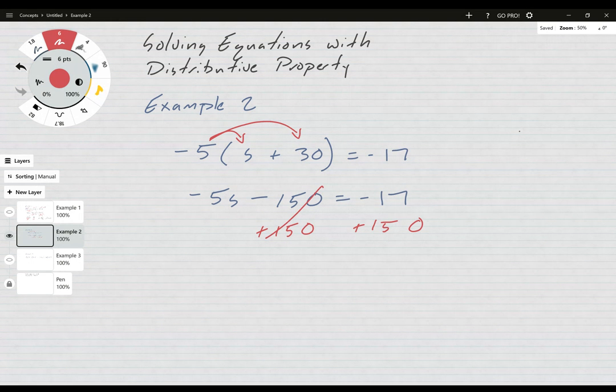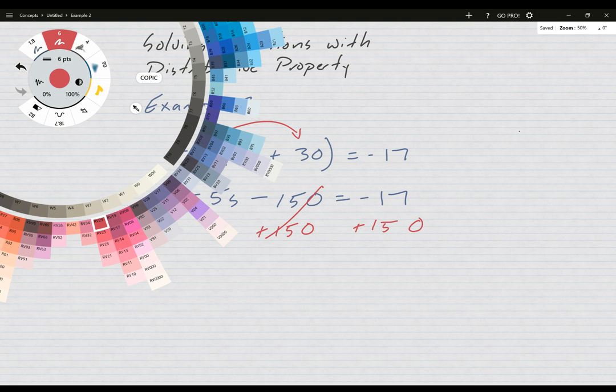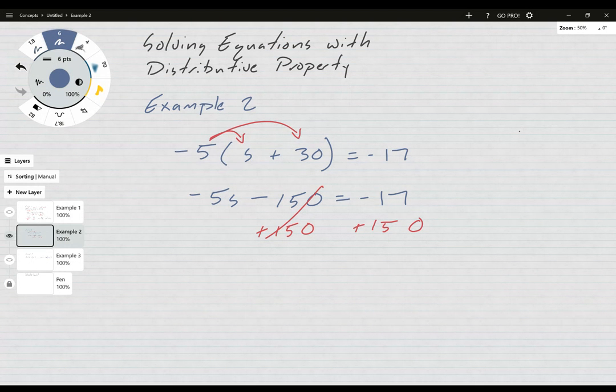So -17 plus 150 is going to give me positive 133. It's positive because my positive number has a larger magnitude. It's farther from 0, so it's going to be positive. So since that equals 0, I'm just going to rewrite my equation again to -5s equals my 133.